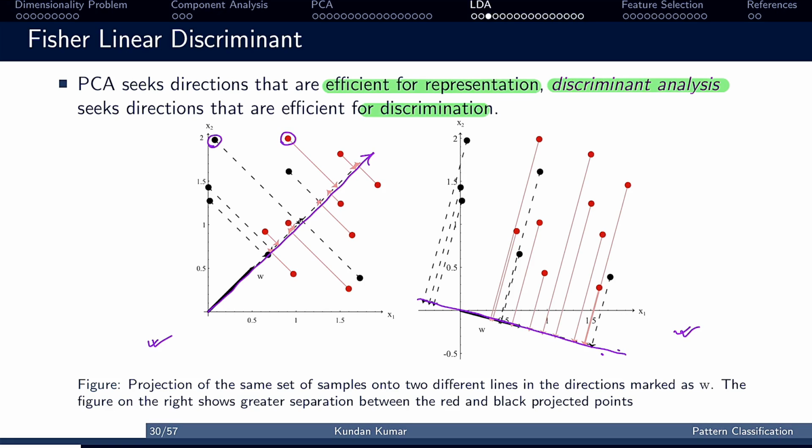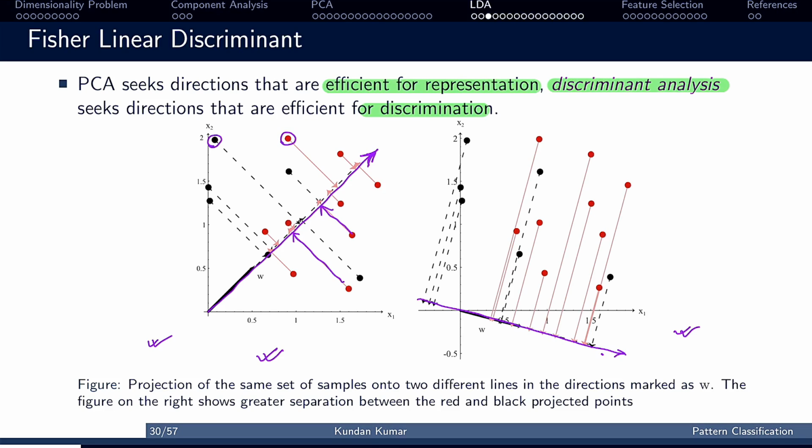The left hand side plot shows the direction of a line passing through the origin obtained using PCA. If we project the data on this line, that will be the best projection of data in one dimensional feature space.